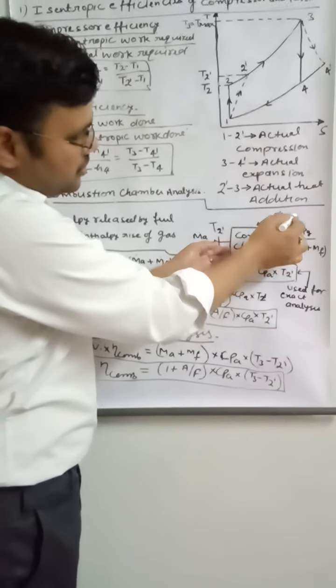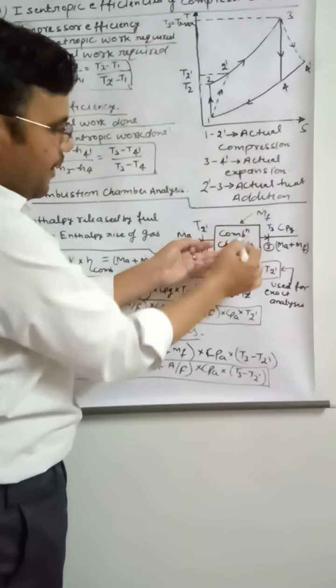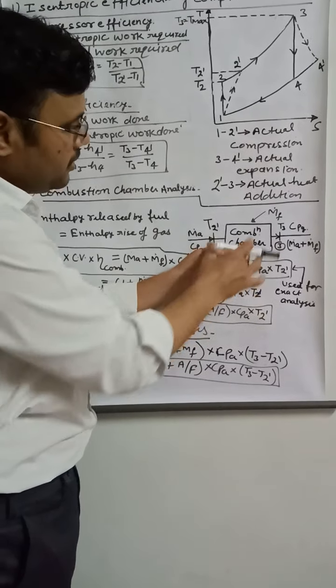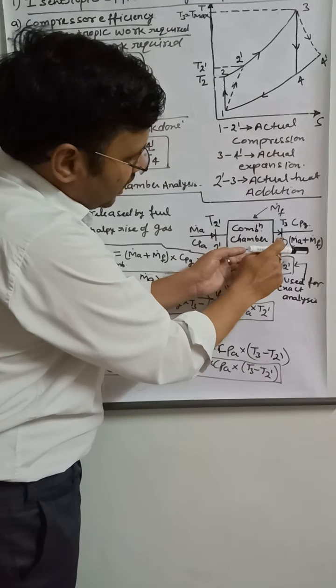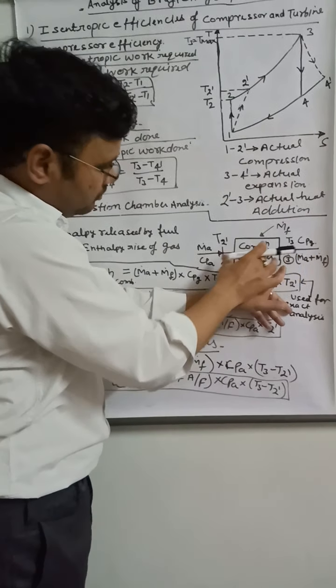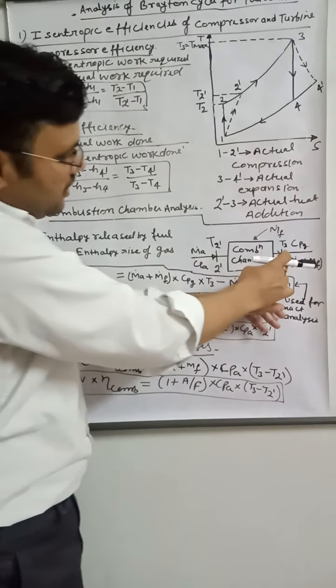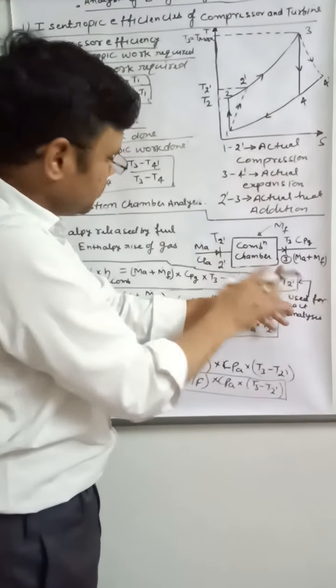In the combustion chamber, mass of fuel m_f is added, because for combustion, as you know, fuel addition is compulsory. In the case of an open gas turbine, combustion will be there, right? After combustion, the temperature is T3. Now here the air has entered, but after combustion what will happen?